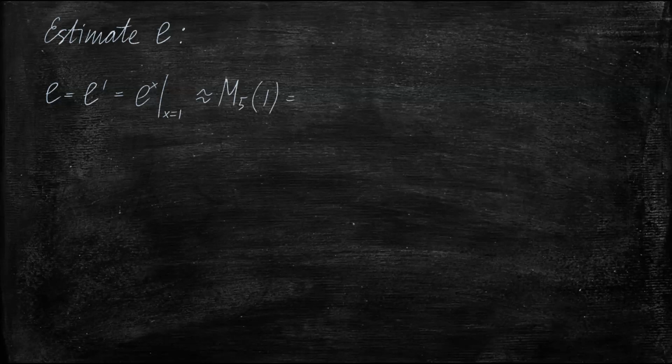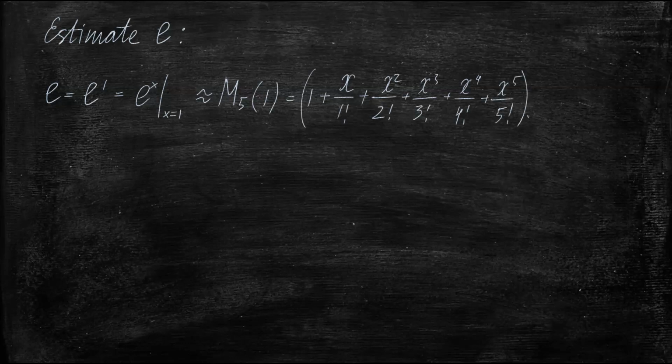So what is M5 at 1? It's just the Maclaurin polynomial evaluated at 1. So this is what the actual polynomial looks like. But when you evaluate it at 1, all these x's become 1s.